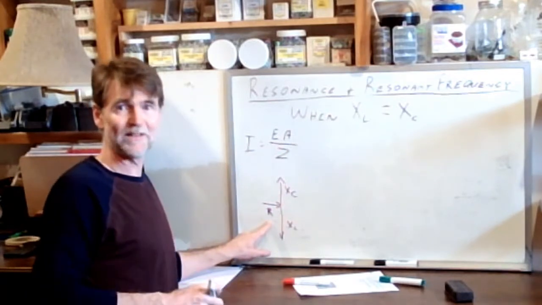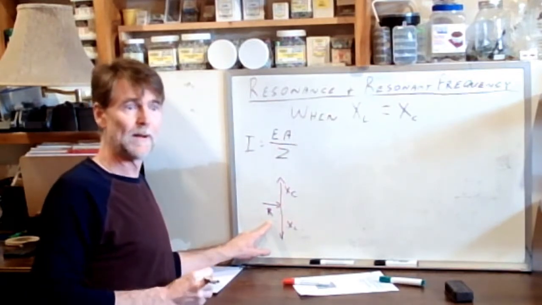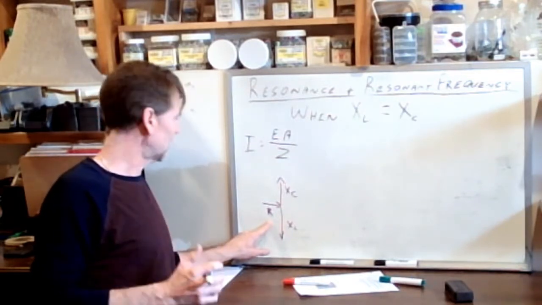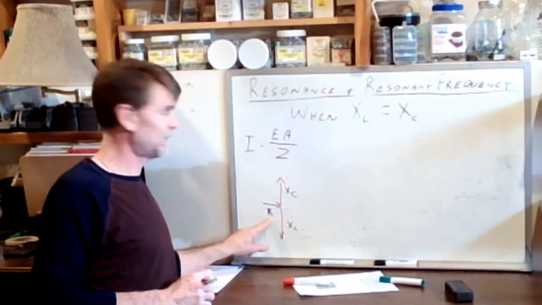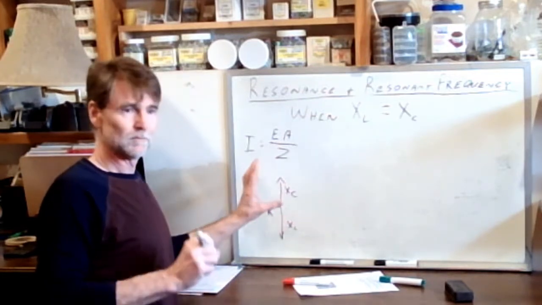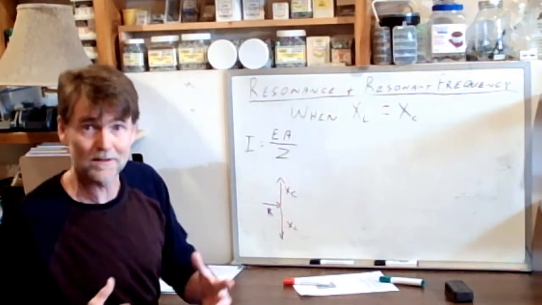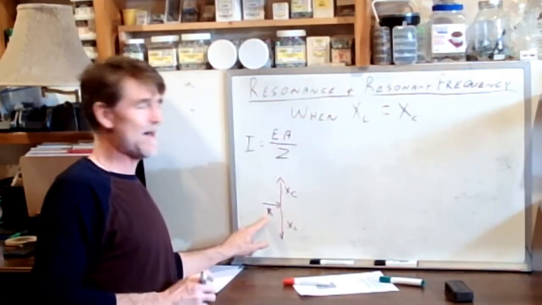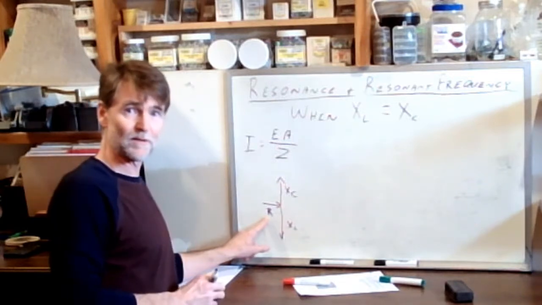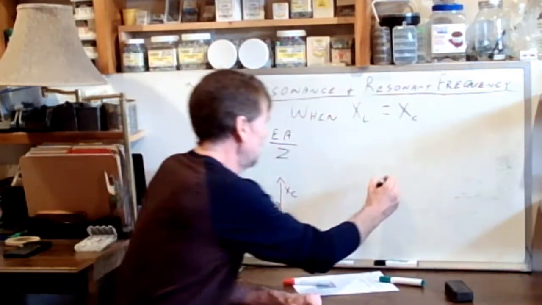There's also a handout about quality, and a higher quality inductor and a higher quality capacitor means that we have a very small value for R. So if we have really high quality devices in our circuit, we have a circuit which has very little resistance. And so the result is this.